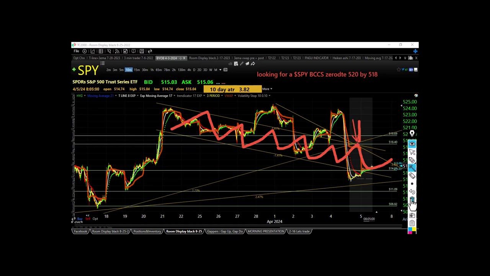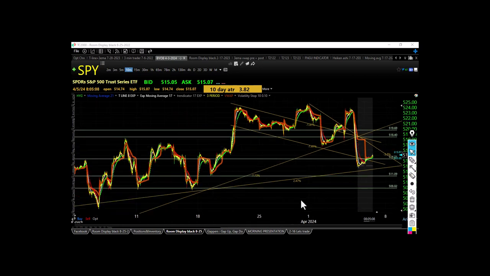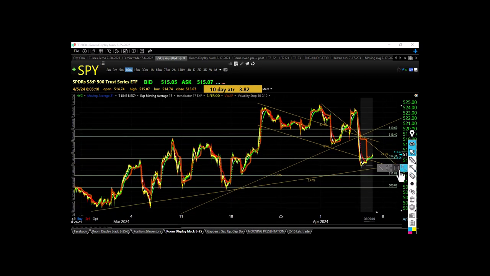Then we've got an uptrend line which runs right through here, and a downtrend line that runs right through here, and another uptrend line that runs right through here. So we've got a big intersection of crisscrossing channel lines and trend lines that come right there.